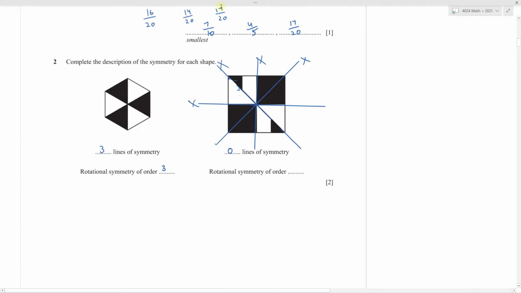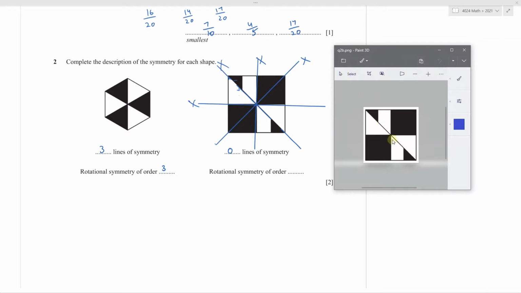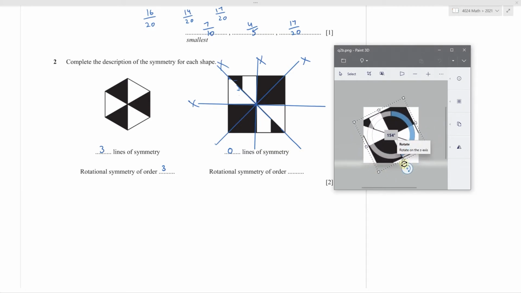And then you have to rotate it 360 degrees to check the rotational symmetry order. Now if I try to rotate this shape, I have black here on the top and the left bottom. So I keep rotating.